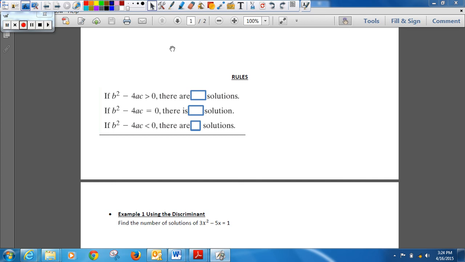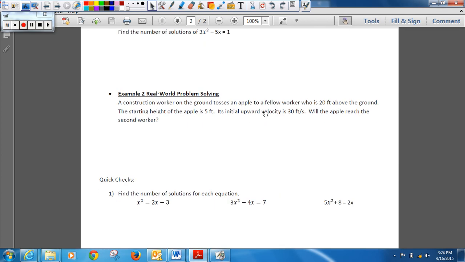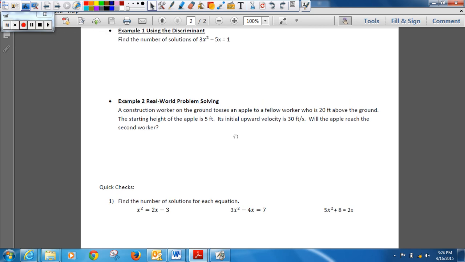So if we look at our next page at the examples to use them, the first one just wants us to find the number of solutions. So I'm going to do the discriminant. And we have to make sure this is equal to 0, so I have to rewrite this in standard form: 3x squared minus 5x minus 1 equal to 0.